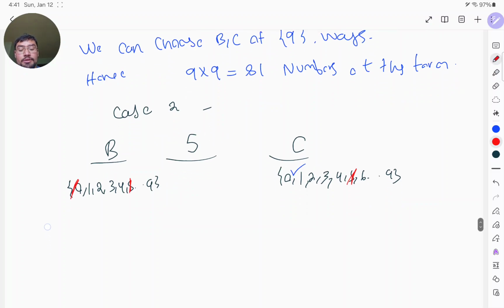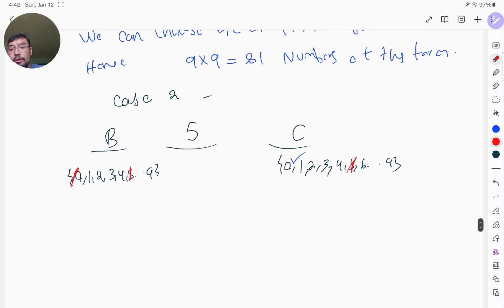Let's count the possibilities for b and c. B has 10 options in total minus 2, which gives 8 possibilities, and for C we have exactly 9 possibilities.